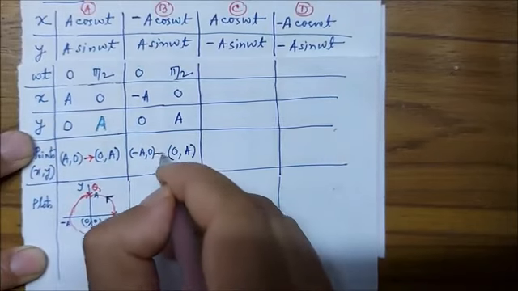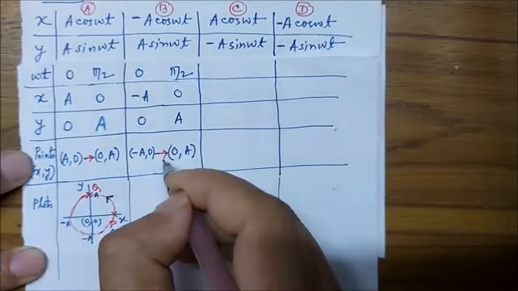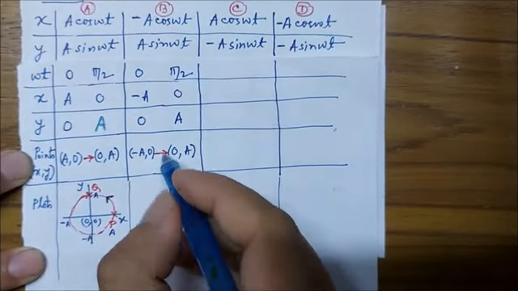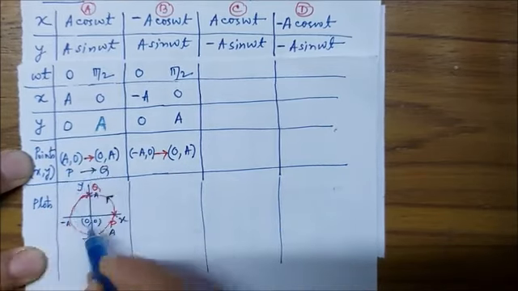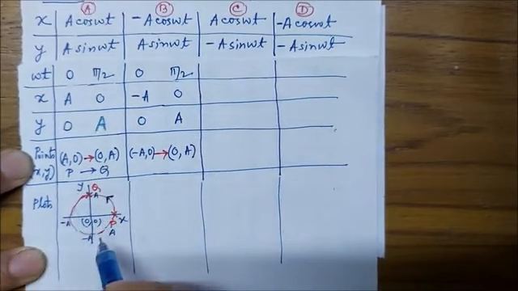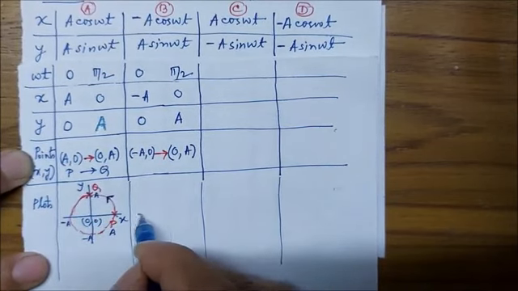So now the movement will occur in this manner. Earlier it was from P to Q as indicated in this diagram, and now we have to draw a similar diagram.